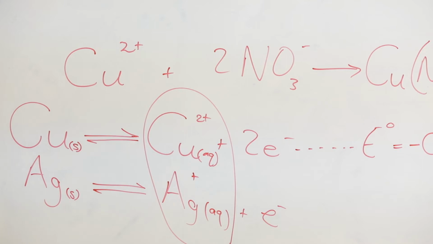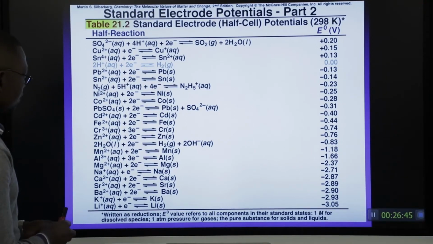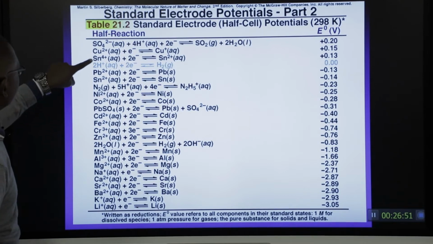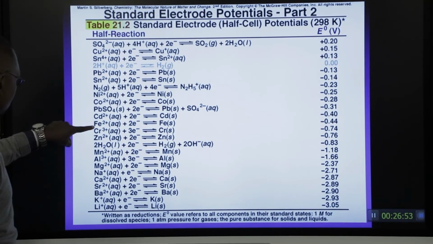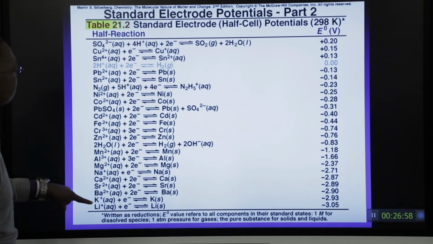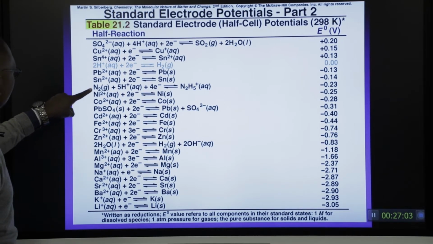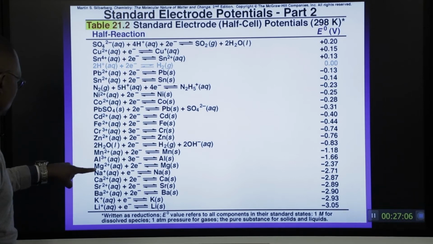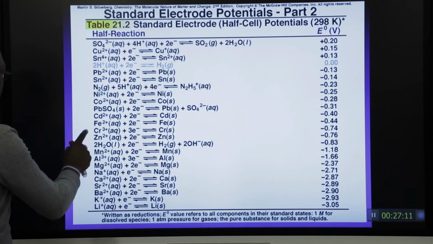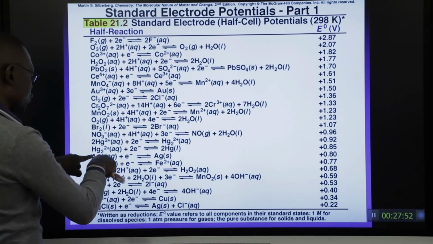And then if we look for silver, let's look at silver, Ag. Do you see silver? I don't see silver yet. Ag. Okay, it should be on the previous page. Silver on its own is this one.